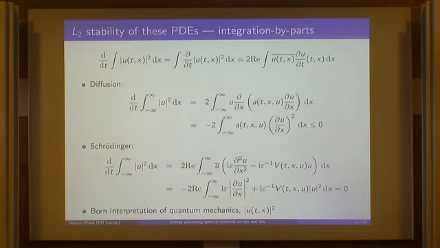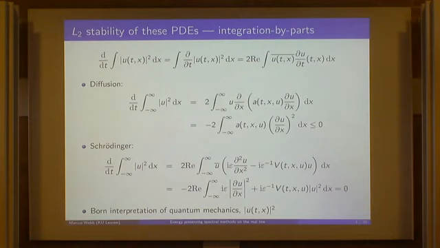And for the Schrödinger equation, it's a similar trick. It's integration by parts on just one of the derivatives in the spatial part. Because there are only real terms here being multiplied by i, and we only care about the real part, the derivative is 0.